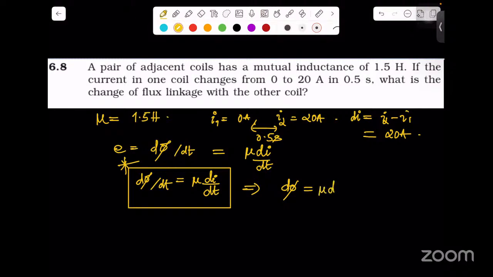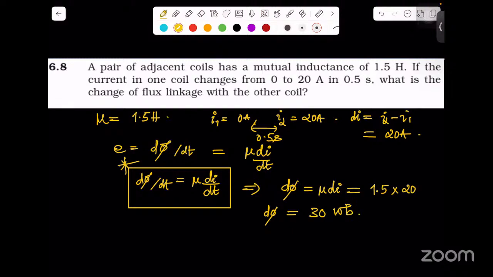Mu into di equals mu, which is given to us as 1.5, into di, which is 20. So this d phi is 30 Webers.